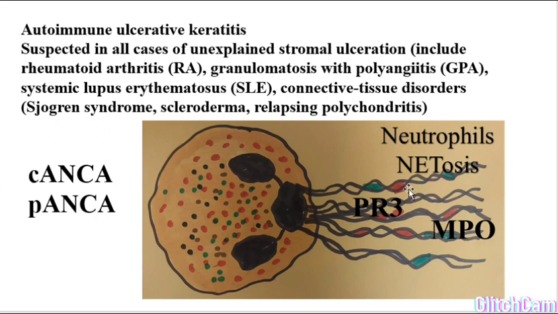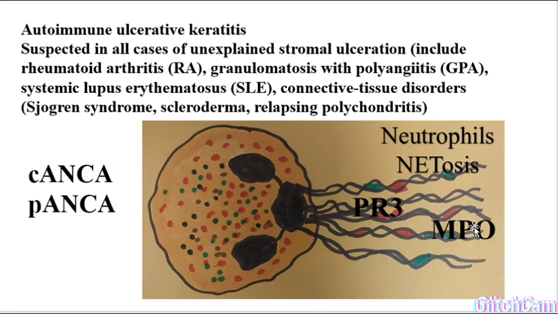Since these enzymes are intracellular, they should not be seen by the immune system, and since they are now available outside the cell, they will be seen by the immune system as foreign or non-self. So the immune system will produce anti-neutrophil cytoplasmic antibodies, and these antibodies will target these enzymes and bind to them, and this will lead to formation of immune complex.